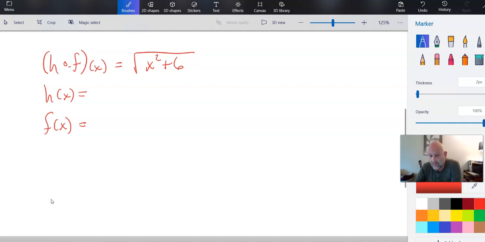Now, there's certainly more than one way to do this, but these are done in a way that one function is the obvious inside function. And in this case, I think it's probably fairly clear x squared plus 6 is the inside function, right? Well, this f is the inside function, so that means we have x squared plus 6 here.